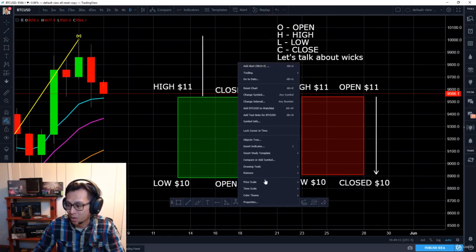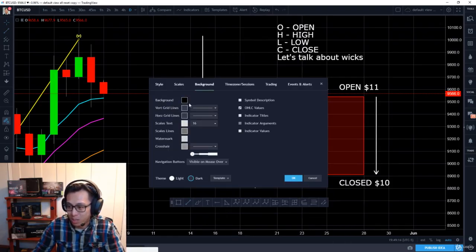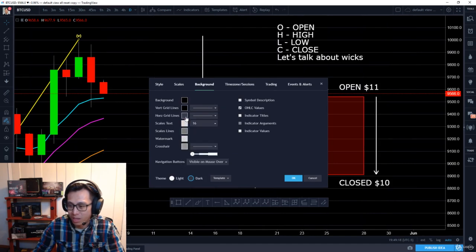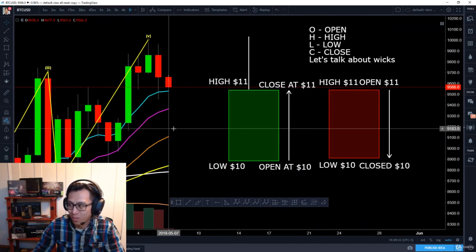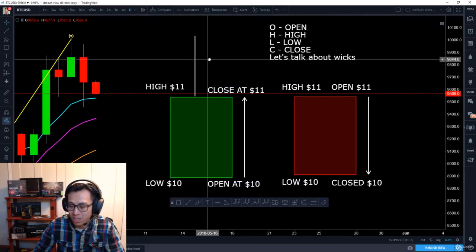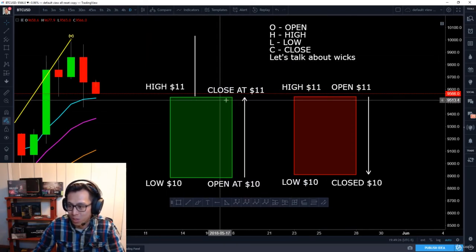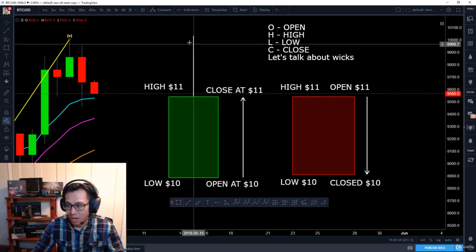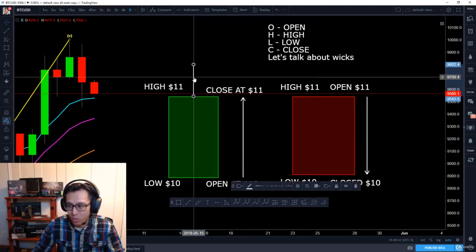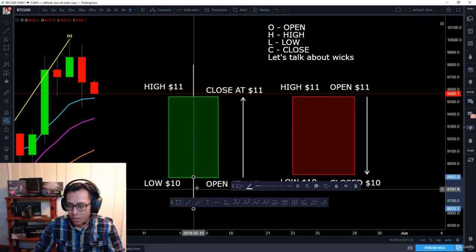Let's clear out the background so you can see it a little better. Let's take out the vertical lines. We definitely don't need them. Let's take that out for a moment so it's more visible. And let's also make a wick on the other side as well. Let's make a wick there.